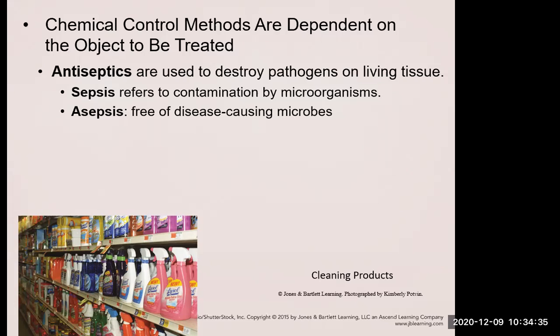How do we keep us and our environment free of disease-causing organisms? That is called aseptic technique. You don't want to be giving it to your patients. You don't want to be coming home and giving it to your loved ones. So we will practice aseptic technique in here and in the lab.